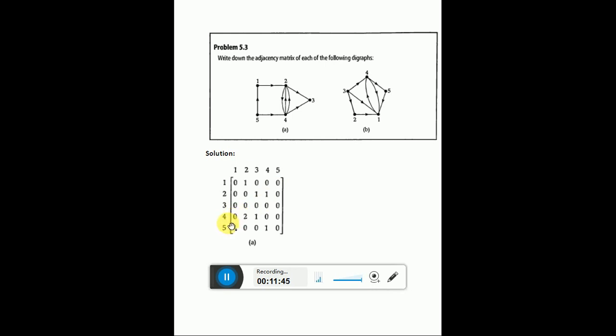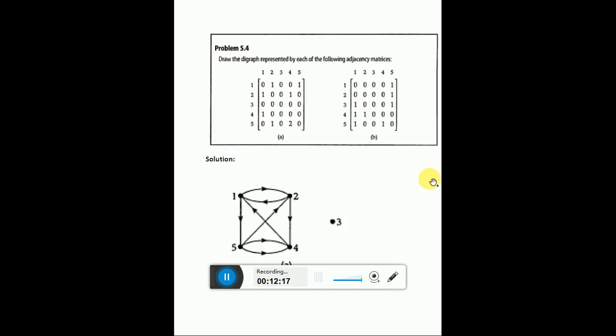So 4 has 2 edges with 2 because the 2 arcs are going toward 2, and 4 is also joined with 3 because 4 is attached with 3 in direction 4 to 3, and similarly the vertex 5 is joined with 1 and 4.